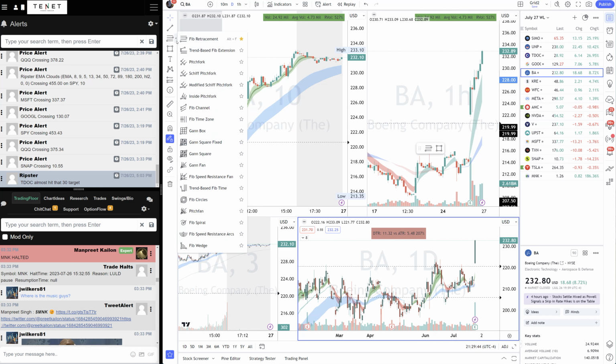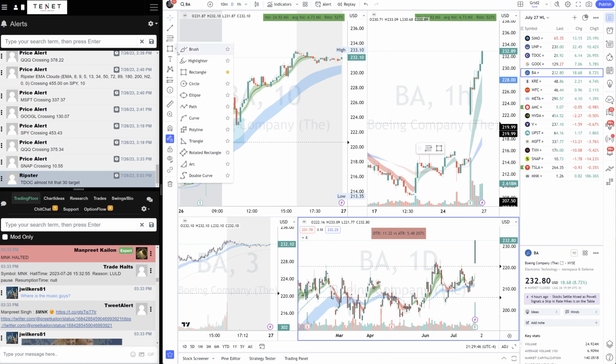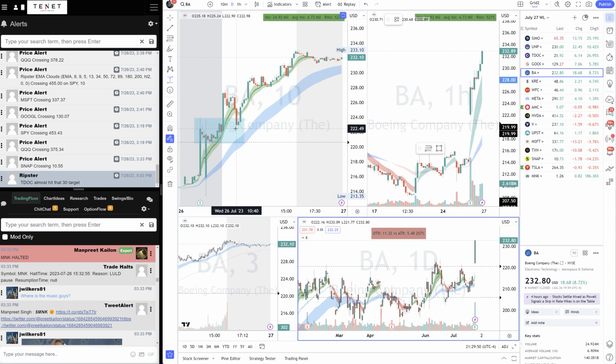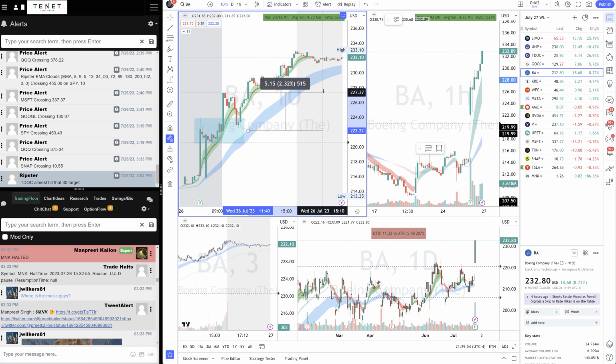So if we want to see how much Boeing moved today, here you go. From the open, you see $11. Our entry was here, so we got almost $7-8.